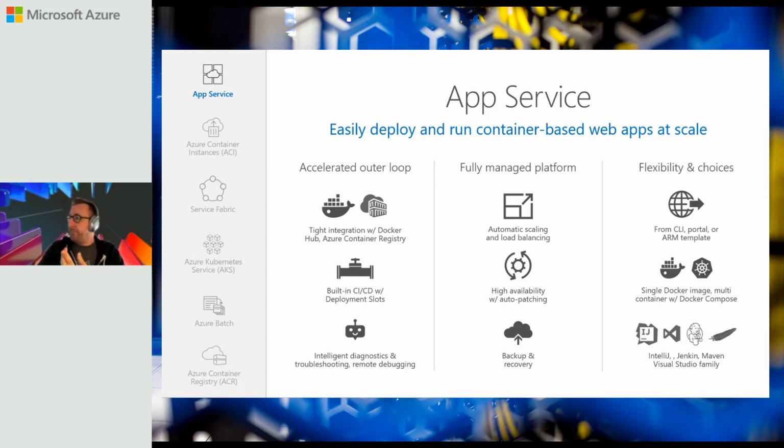We have support for the CLI, we have support from the portal, we have support from an ARM template. We also have support from any kind of IDE, of course, which are using all these three forms. And it can go from a single Docker image up to multi-container images with Docker Compose.